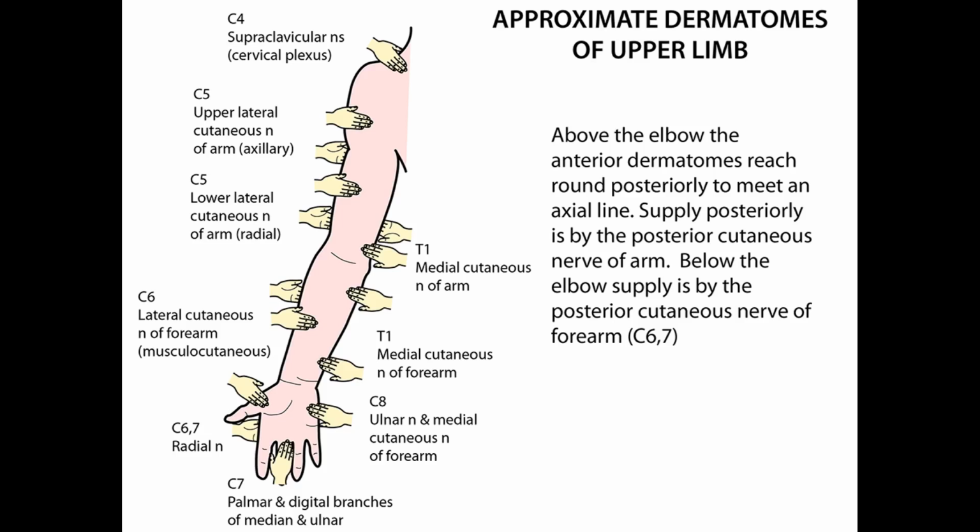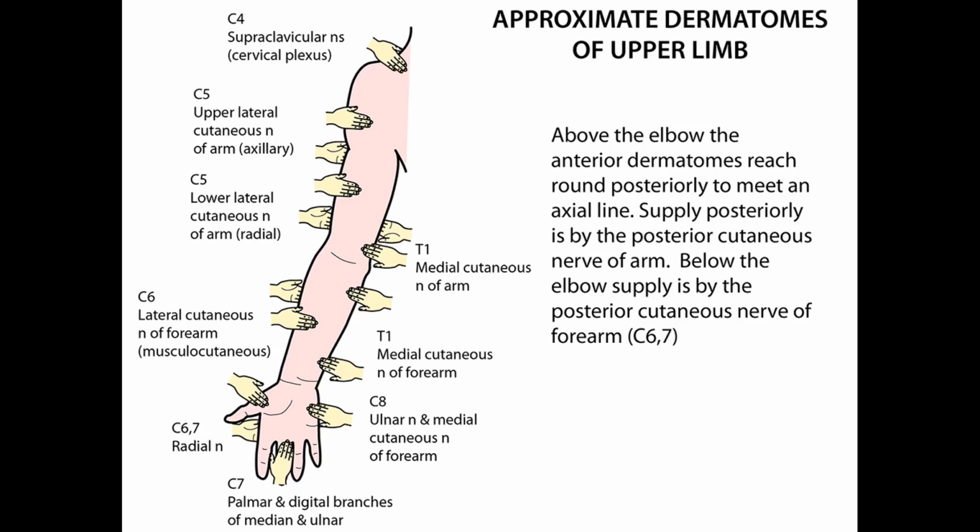So let's start in the lower neck with the C4 roots, which are represented in the supraclavicular nerves which come from the cervical plexus. On the lateral side of deltoid, we have the root C5 represented by the upper lateral cutaneous nerve of arm, which comes from the axillary nerve.